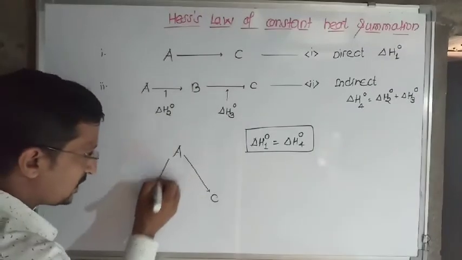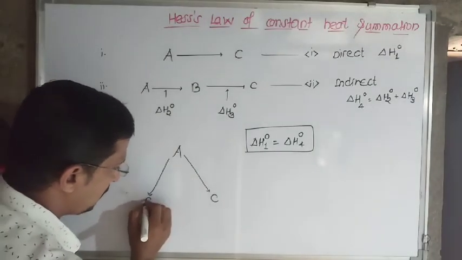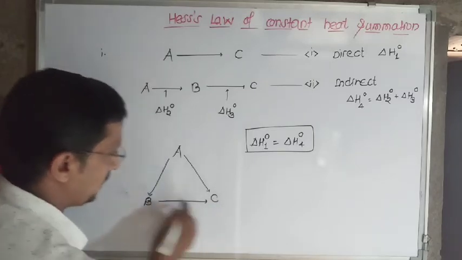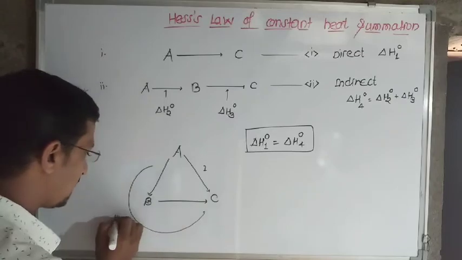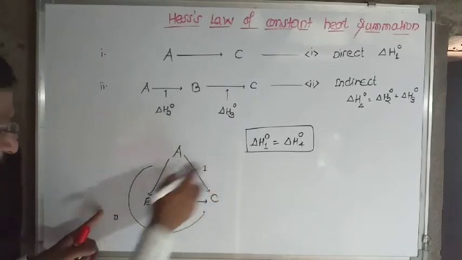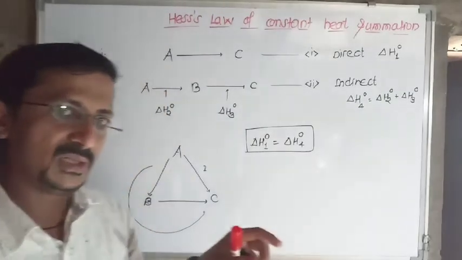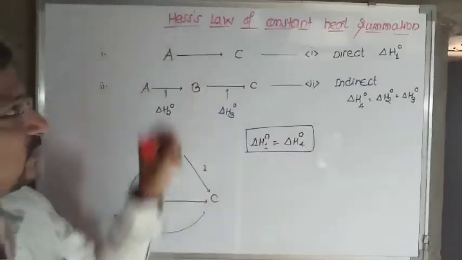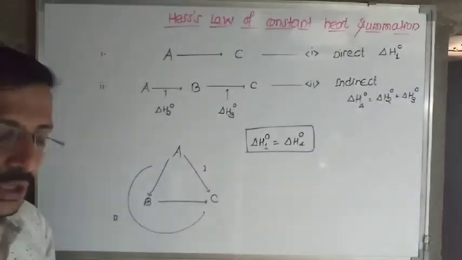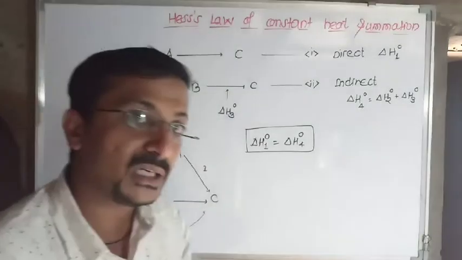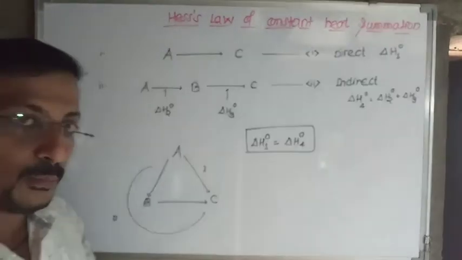Or if you convert first A to B and then convert this B to C in the indirect process, the enthalpy change occurring in the first and second process is the same. This is the concept of Hess's law of constant heat summation. It means when a process is carried out in a single step, or if the same process is carried out alternatively in a number of steps, then the enthalpy change occurring in both these processes remains the same.